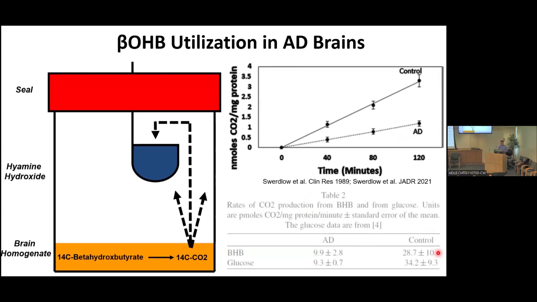But one thing that stood out, I thought, was quite interesting: the rates of beta-hydroxybutyrate and glucose utilization in the Alzheimer's brains were fairly equivalent, which raised the question of an area of common pathology where their metabolisms overlap. And where their pathways overlap is in structures called the mitochondria.